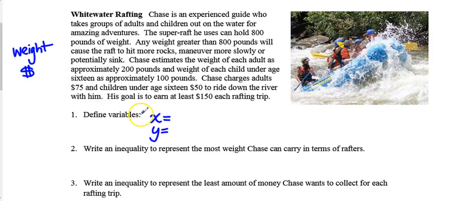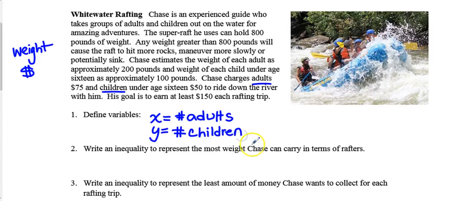We're talking about two different people, adults and children. So I'm going to let x be the number of adults, and I'll let y be the number of children. We're going to have one equation that's about weight and one equation that's about money.